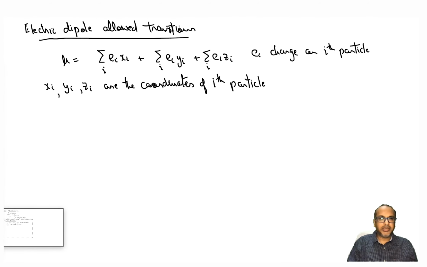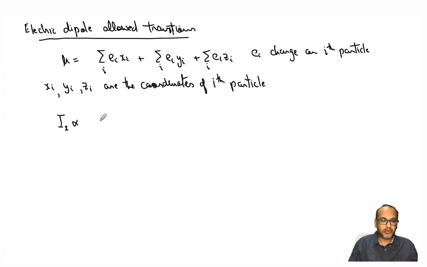So now if I want to write the intensity factor again, the intensity in x is proportional to the integral of psi 1 x psi 2 d tau.